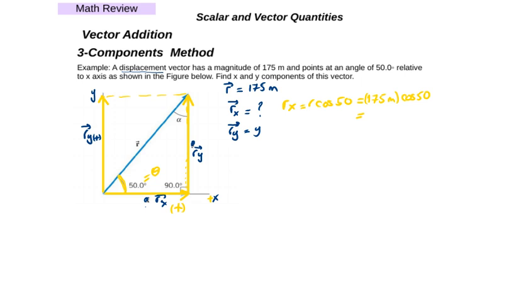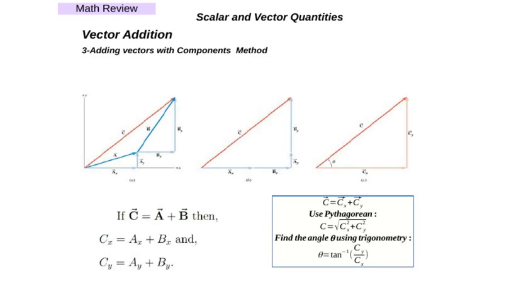Once you put these into calculators and multiply them, you should get an answer of 112.49 meters. Direction, positive. Ry is R times sine 50, 175 meters times sine 50. And that will give us a value of 134.06 meters. And that's it.